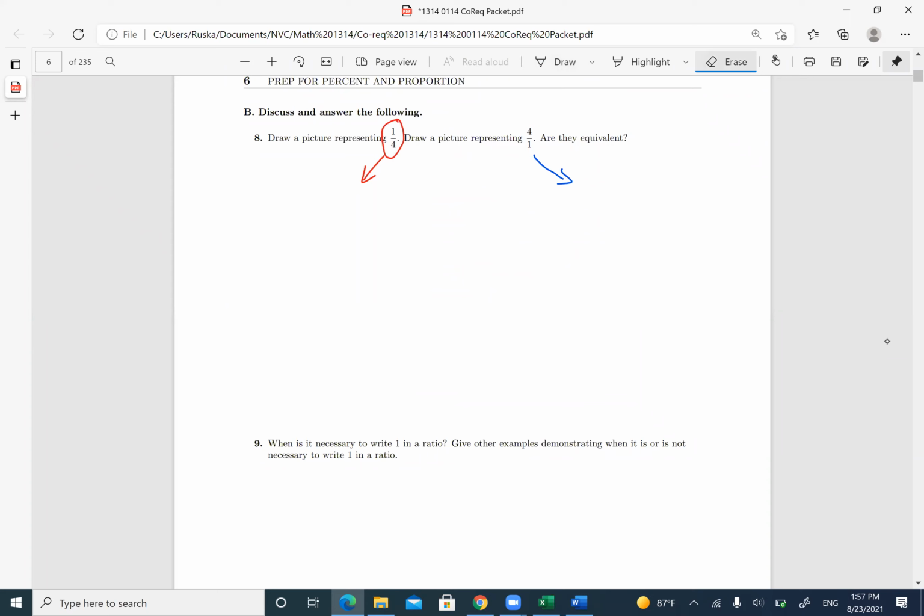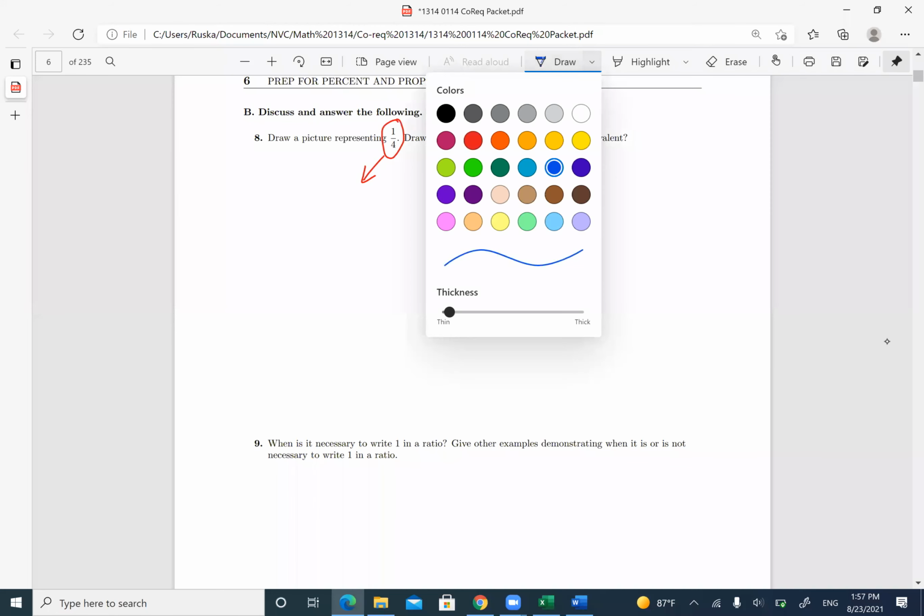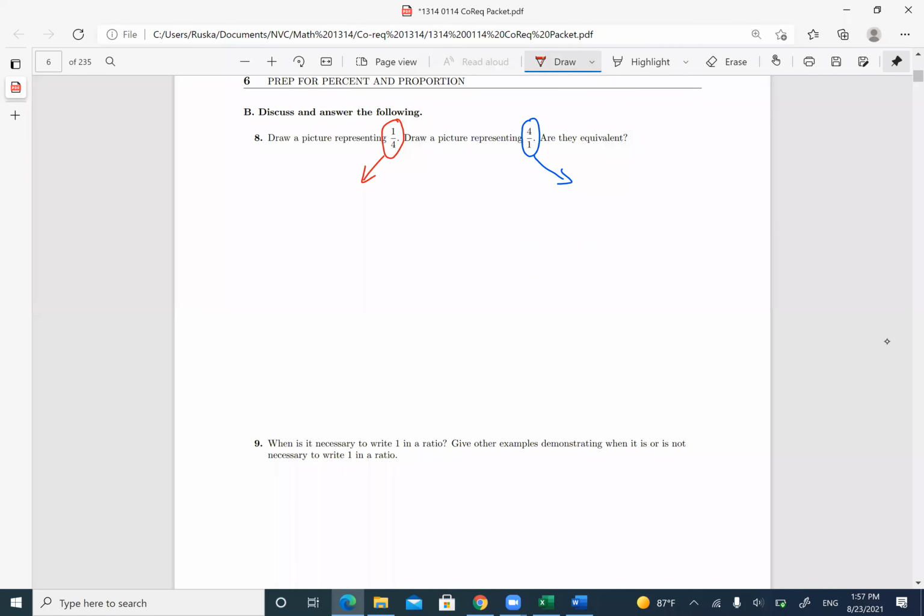So can you tell me how to do the first one? 1 over 4. Do you want to draw a circle, or a rectangle, or what do you want to draw? Do the rectangle. Okay, so it's something like a square, doesn't matter. And I'm going to divide it by 4.